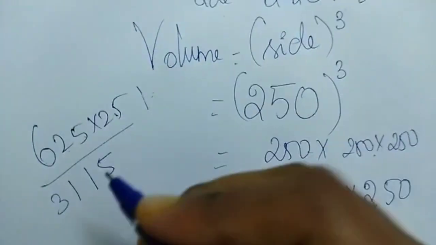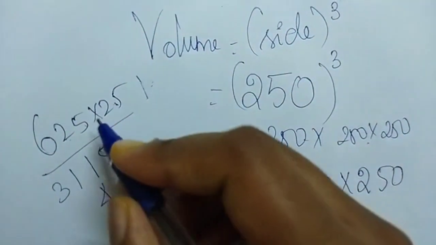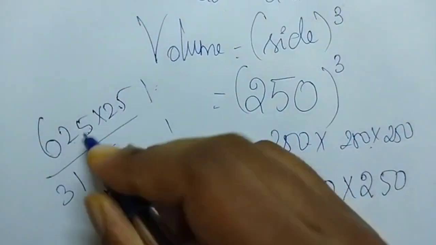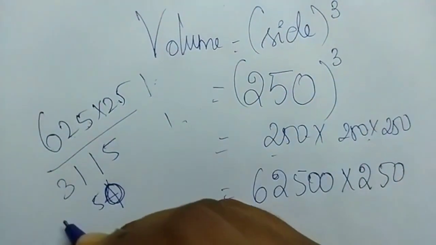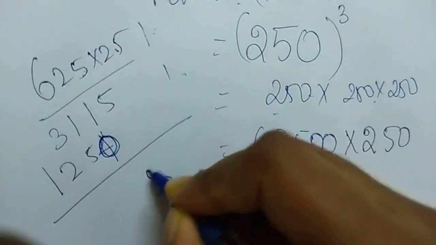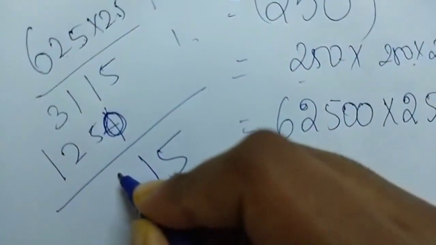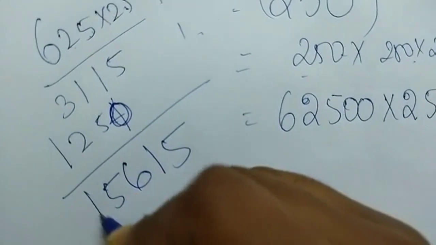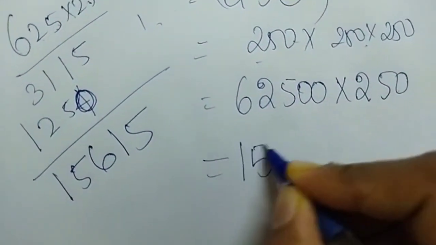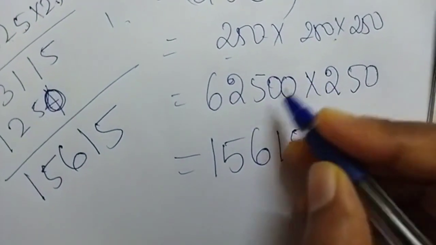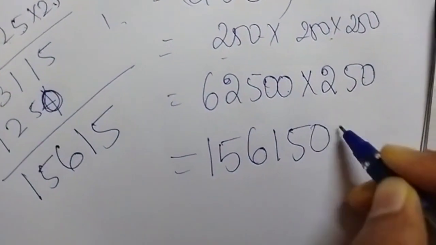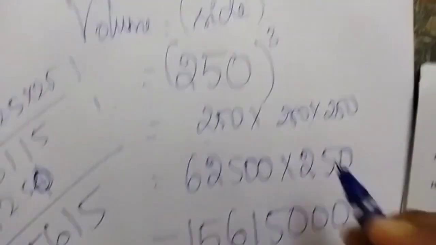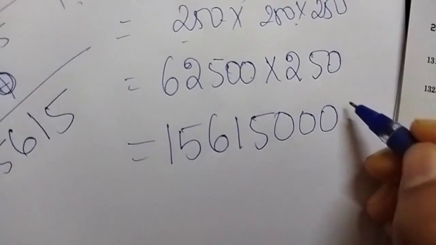Then 2 5s are 10, balance 1. 2 2s are 4 plus 1, 5. 6 2s are 12. So 15625. How many zeros? 1, 2, 3. So 15625000. Unit is centimeter cube.